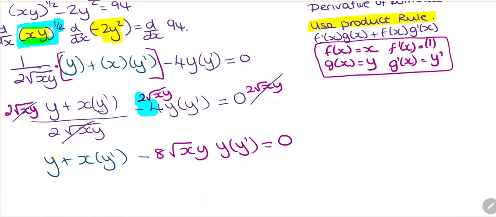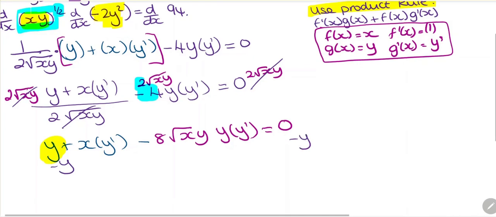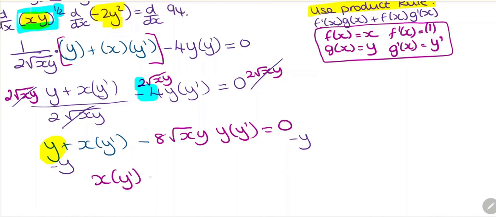So now I'm going to subtract y from both sides. So this will simplify. I'll have x y prime minus 8 root xy y prime is equal to minus y.